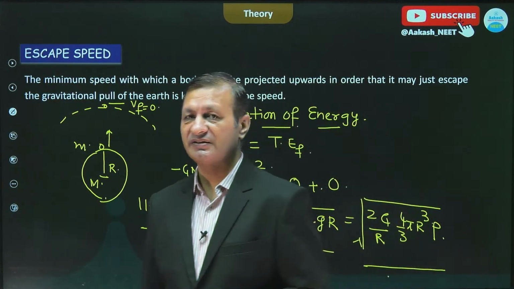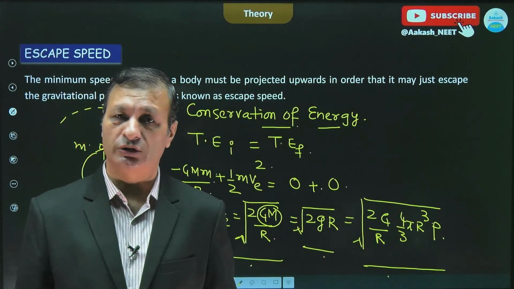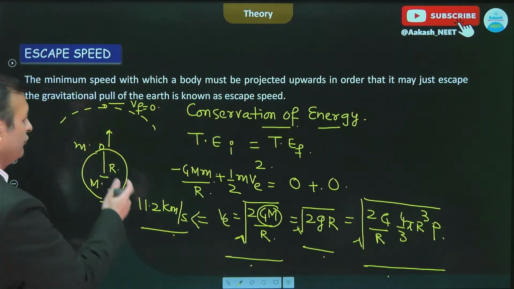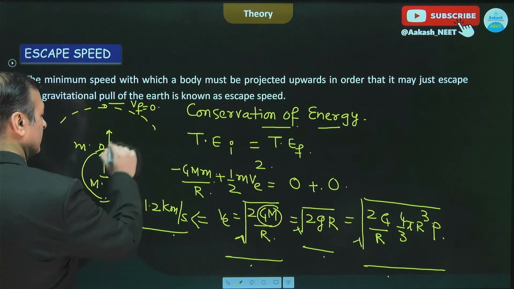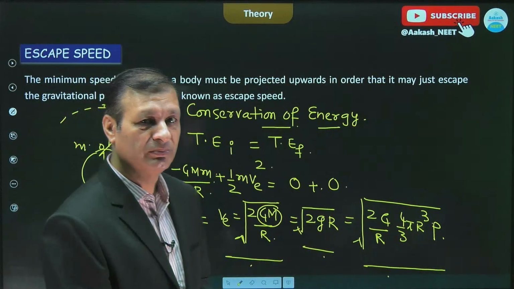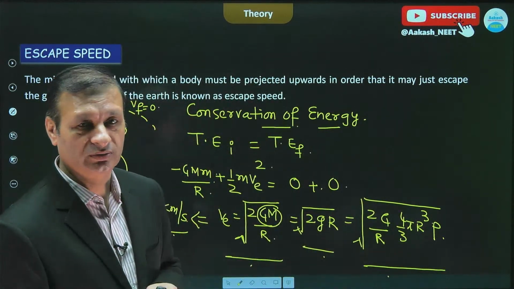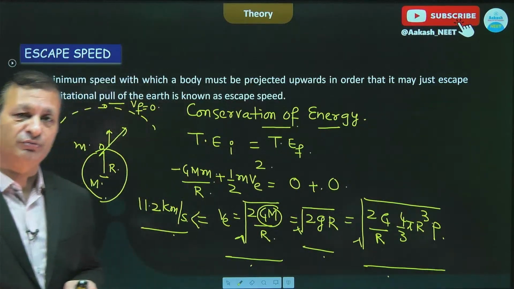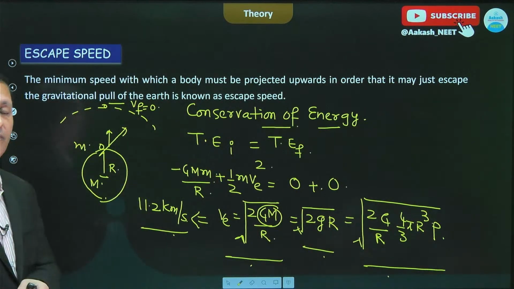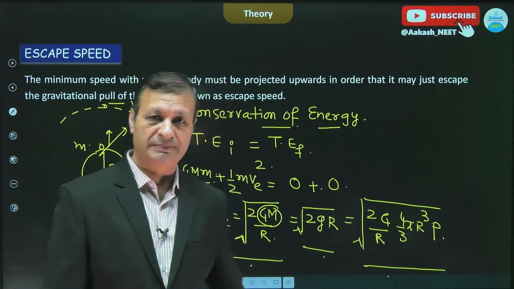And this escape speed is independent of the orientation. It means if you project your body at some angle theta, the escape speed would remain the same, because this is independent of the inclination, independent of the angle of projection. That would go the same for all these. So this is the concept of escape speed.